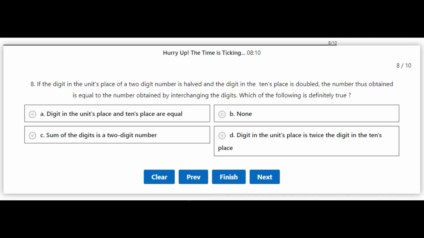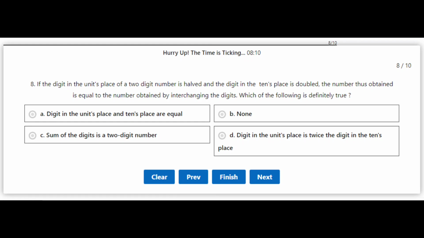Our last option says that the digit in the units place is twice the digit in the tens place. So this makes sense. This can be the answer, because if we check the first statement, it says that the digit in the units place of a two-digit number is halved and the digit in the tens place is doubled.